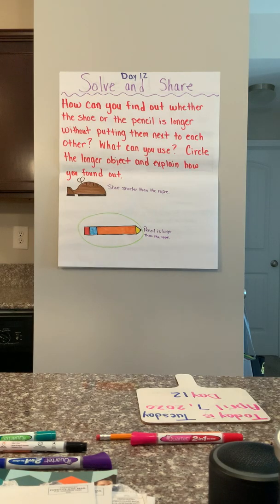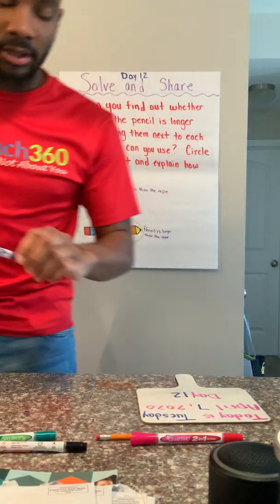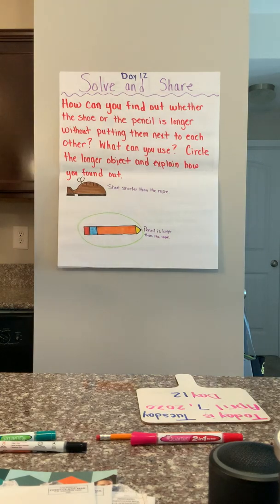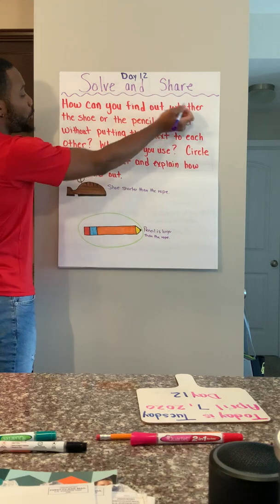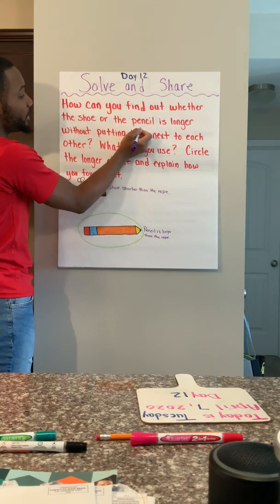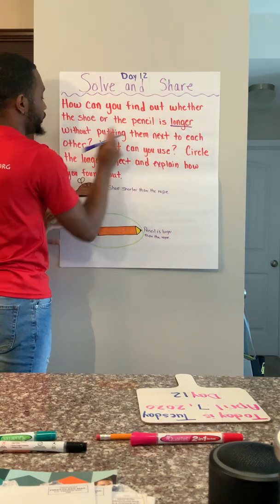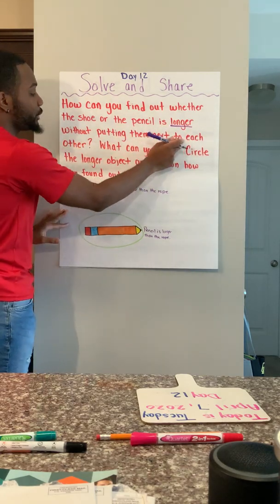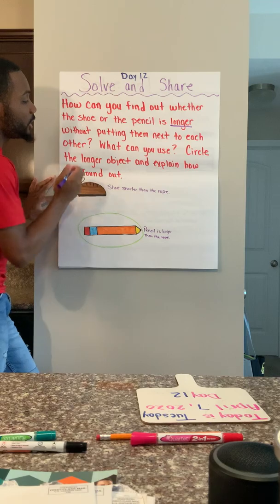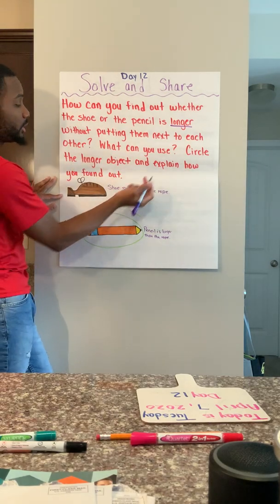Another thing, parents, if your child doesn't understand it, they can go back and highlight keywords. It said, how can you find out whether the shoe or the pencil is longer? So we know that we're trying to figure out which one is longer without putting them next to each other. What can you use?